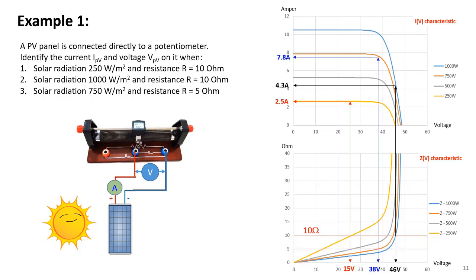Similarly, for the case in question 3, we could find the voltage value of 38 volts and the current value of 7.8 amperes. This is the simplest example showing how the working voltage and current of a PV vary according to the change of solar radiation and the circuit load.